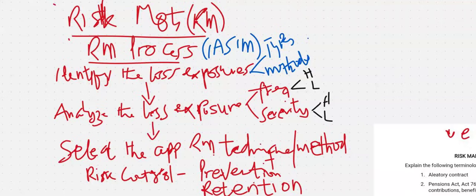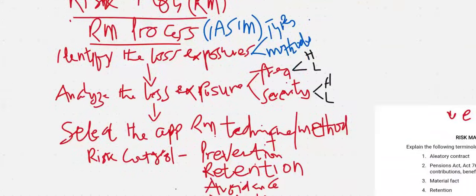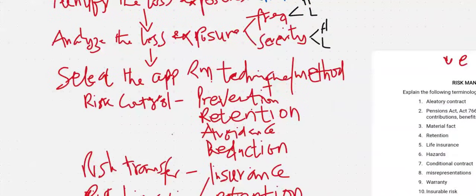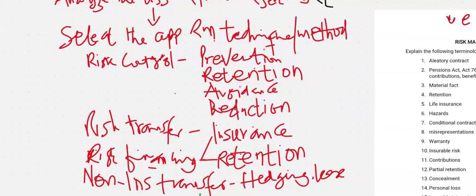Please repeat it. The loss retention, you've written it at the risk control and risk transfer financing. Yes, I explained why I wrote it there. Can you explain it to me?